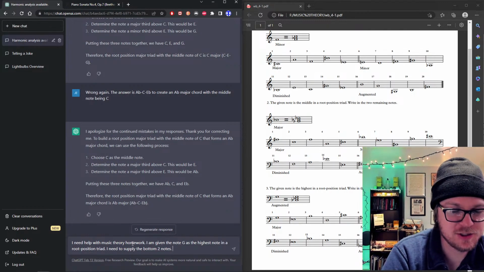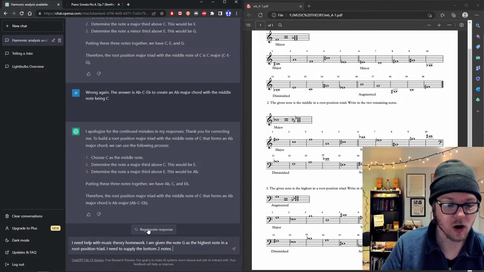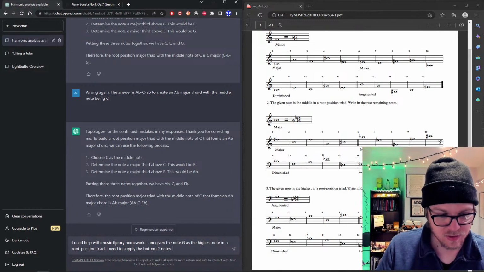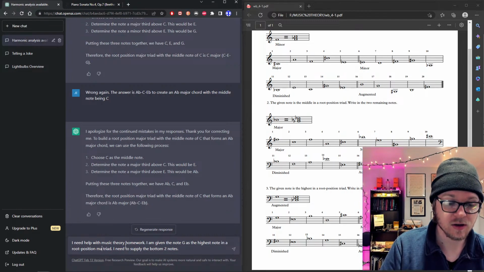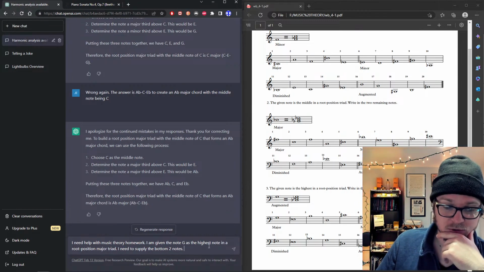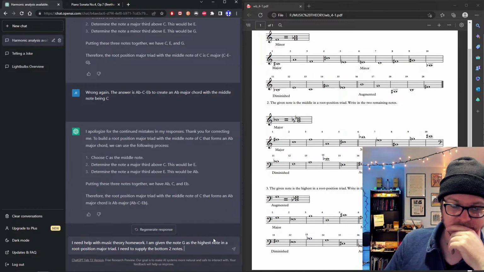I am given the note G as the highest note in a root position triad. I need to supply the bottom two notes. What are they? Oh, I should be clear. I'm given the root position major triad, to be really specific. Okay, I need to supply the bottom two notes.